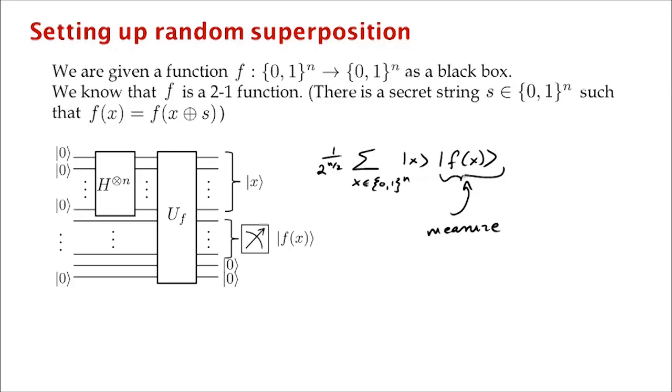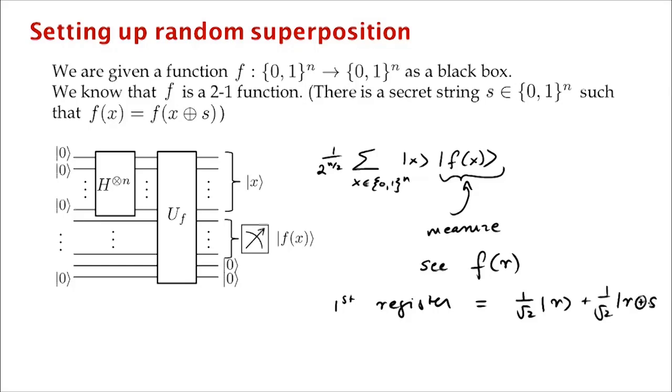So when we measure, we see f of some random value r, and then the first register's state looks like 1 over square root 2 r plus 1 over square root 2 r plus s. This is what we wanted.